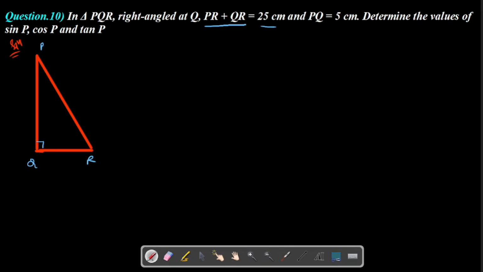PQ like this and QR this. The sum of these two sides is 25 centimeter, not degree. Just write it down here. 25 centimeter, right? Now we are given PQ is 5 centimeter.